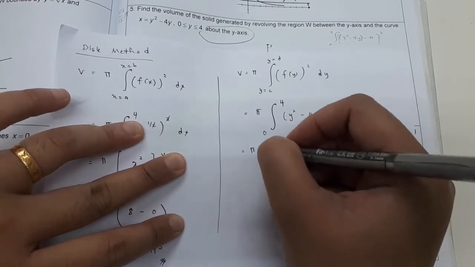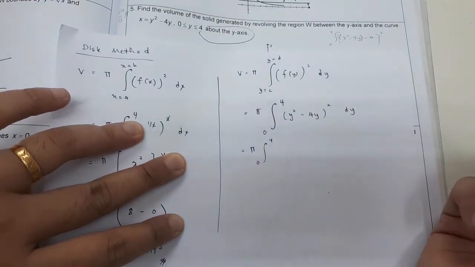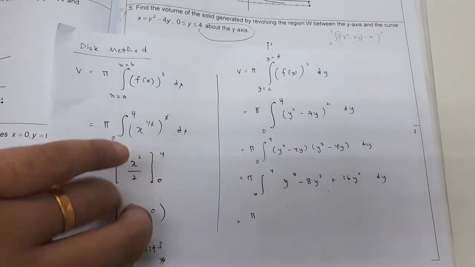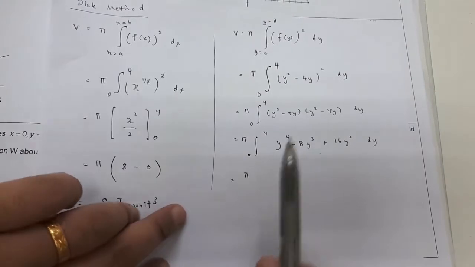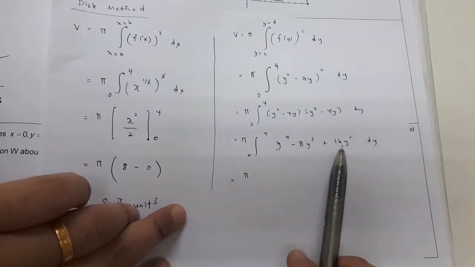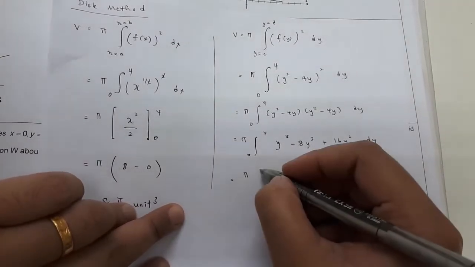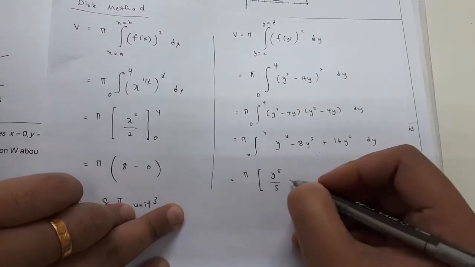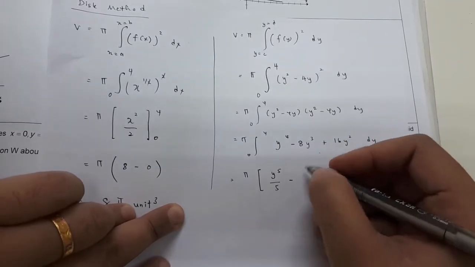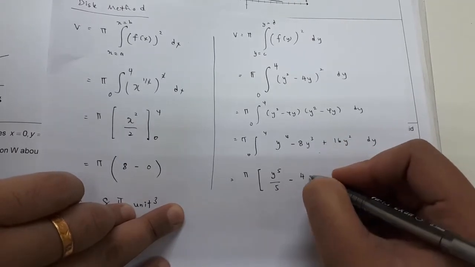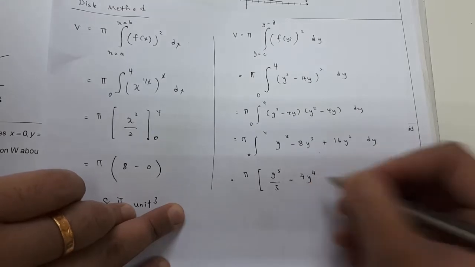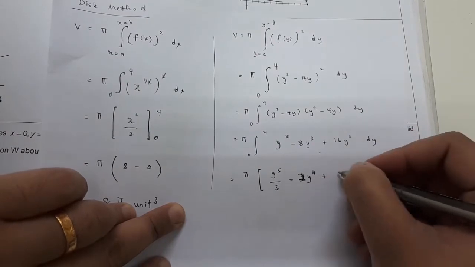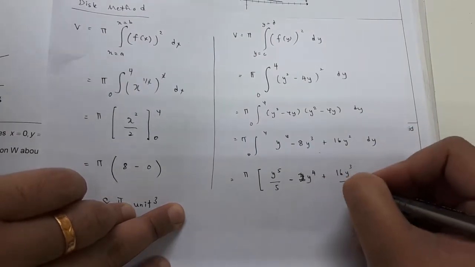Okay, before we can integrate, we have to expand the equation. After expansion, we get y power 4 minus 8y cubed plus 16y squared. So now we can integrate. y power 4, we get y power 5 over 5. Integrate 8y cubed, we get 2y power 4, plus 16y cubed over 3.